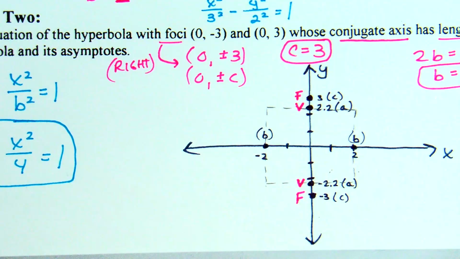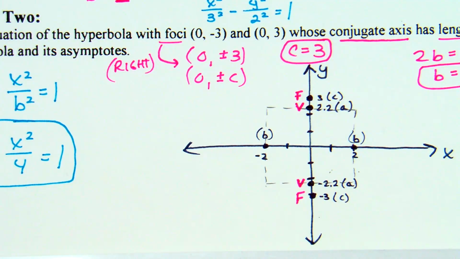So I'm going through the -2 and +2 on the x-axis, 2.2 and -2.2 on the y-axis. I have a box, yes? Not necessarily a square, but it's a box. Your asymptotes go through the corners of those.